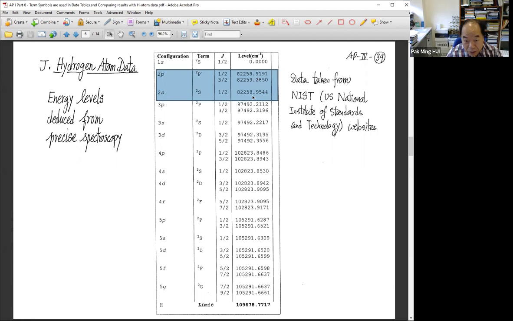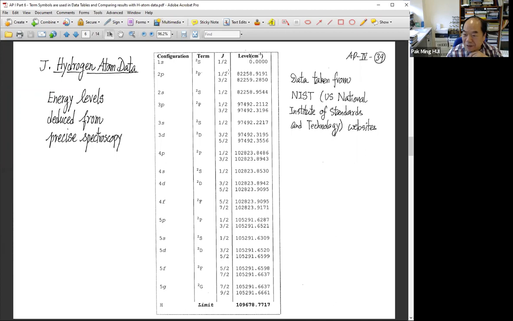But if you look into this 0.1 centimeter inverse digit, there are some fine separations. Now, in particular, look at this. J is half; that comes from 2S. The other J equals half comes from the 2P.